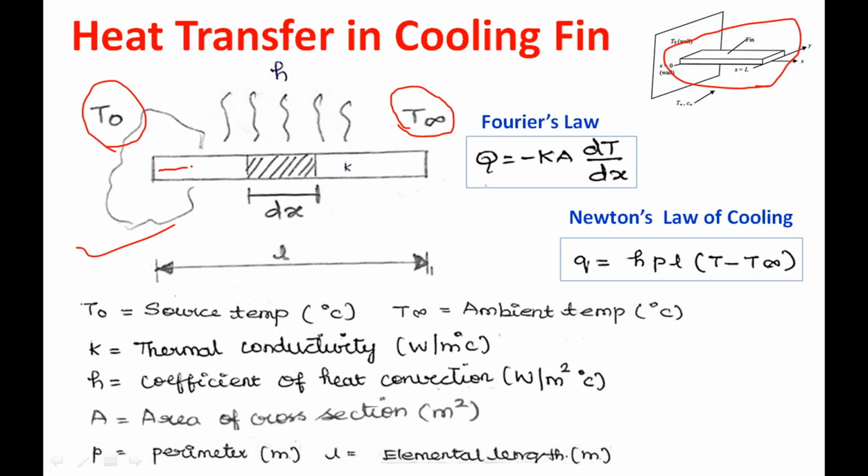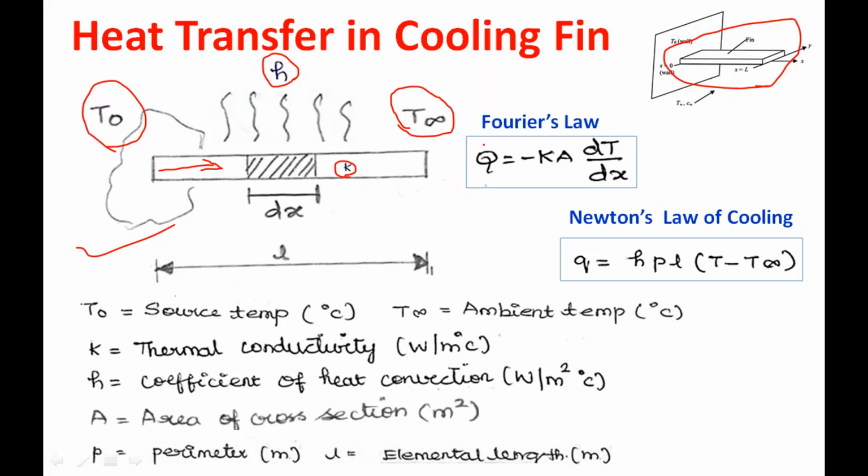One is through the material, the conduction mode, and from the surface of the cooling fin heat is dissipated to atmosphere, that is the convection mode. We are going to consider both the conduction mode and the convection mode for deriving the governing differential equation of the cooling fin problem.